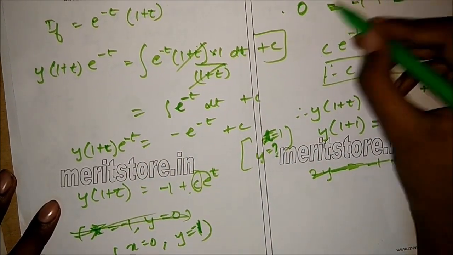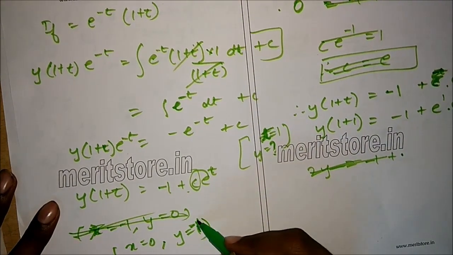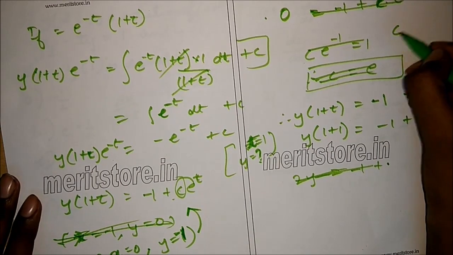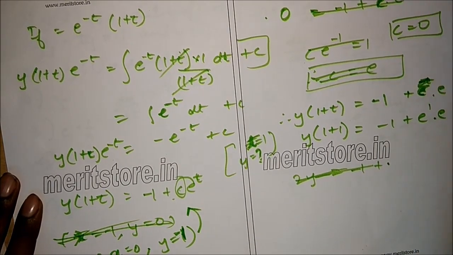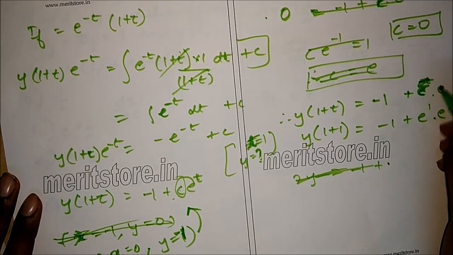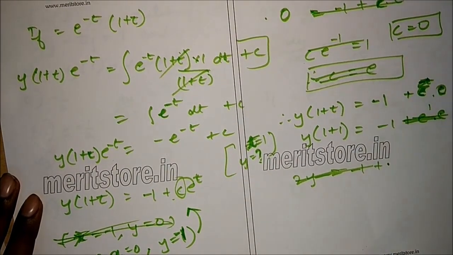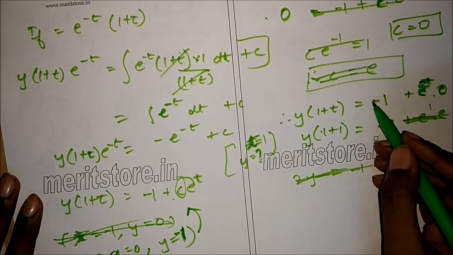So everything will change. So substituting this in the general solution, we'll be getting c equals 0. So when c equals 0, the whole term gets erased. So y into 1 plus t will be equal to minus 1.